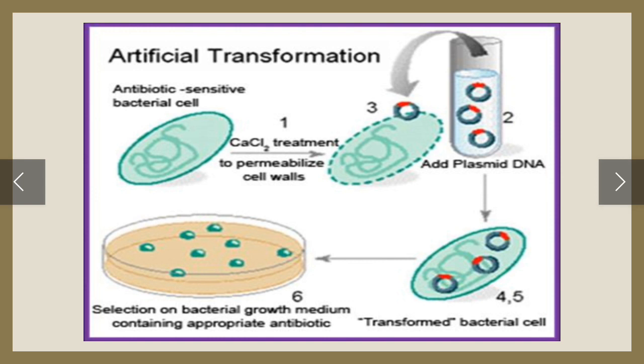Artificial transformation, you can see here in the diagram: antibiotic sensitive bacterial cells, calcium chloride treatment is provided, add plasmid DNA, transformed bacterial cells, selection on bacterial growth medium containing appropriate antibiotics.